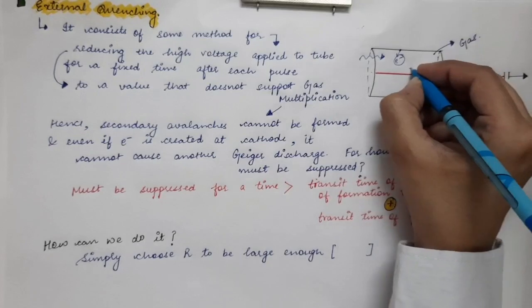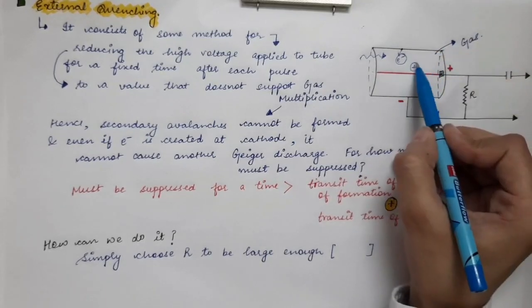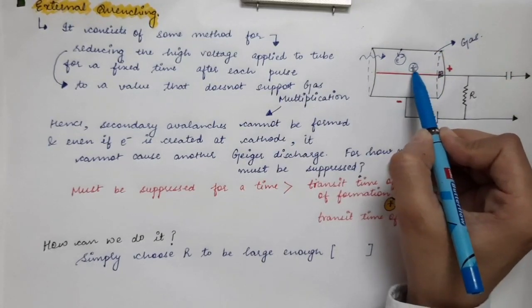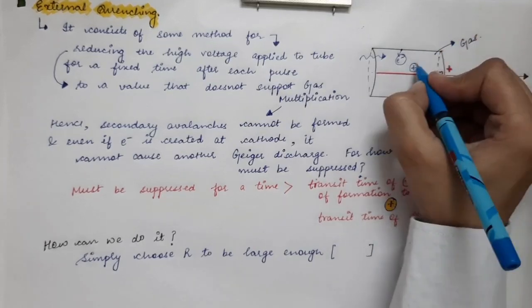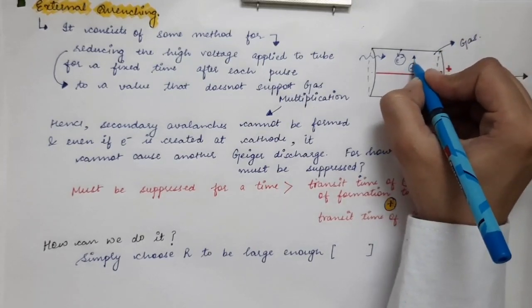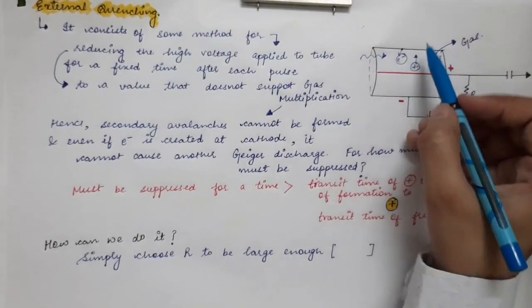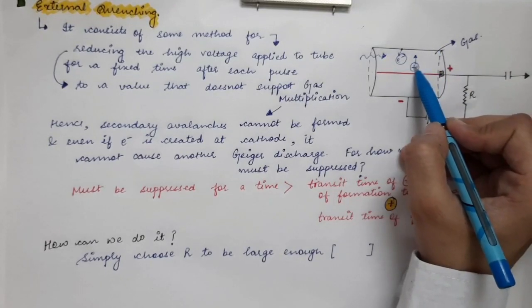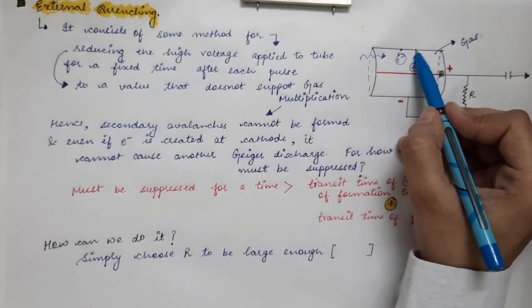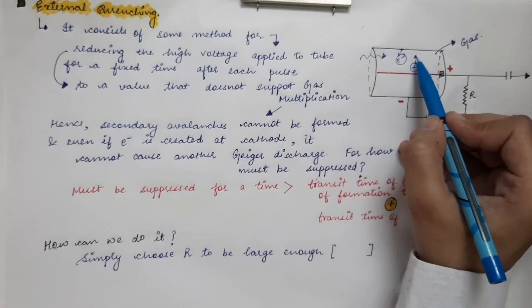Let's say a positive ion is formed over here, and this positive ion starts drifting towards the cathode wall. When this positive ion hits the cathode wall, the voltage must be low.